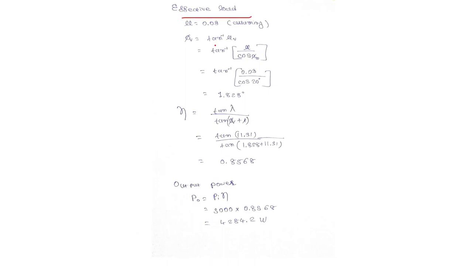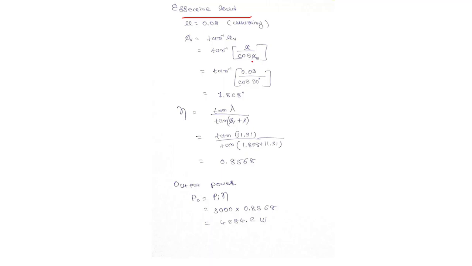Now in the second part we will find the effective load. For effective load we need mu. So the value of mu is 0.03, which we are assuming. Now phi v: the equation of phi v is tan inverse mu v, and the relation between mu v and mu is mu upon cos phi n.